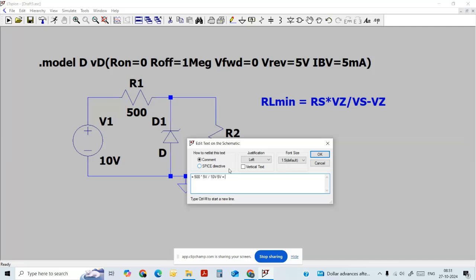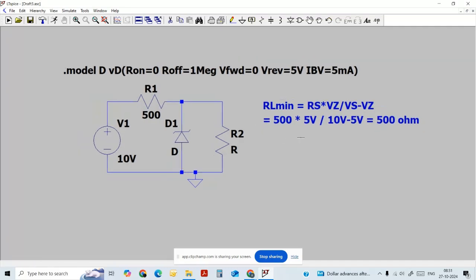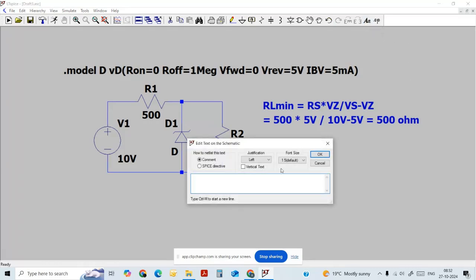And when we simplify this, we are getting 500 ohm. So RL minimum is 500 ohm. And next we are going to find the maximum load resistance.